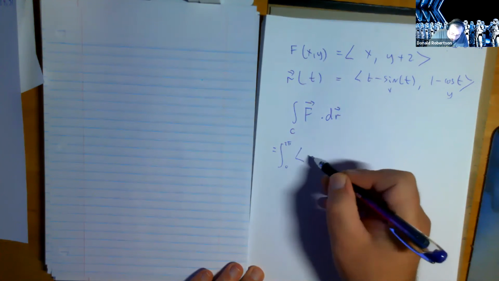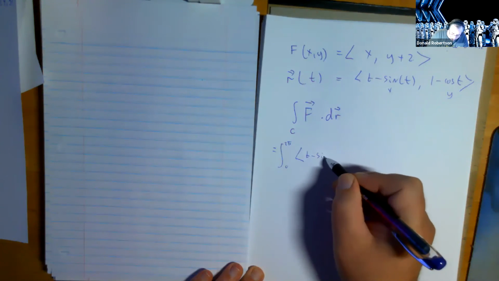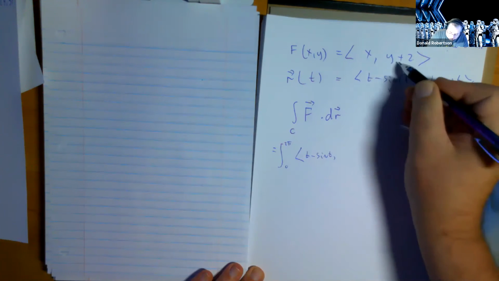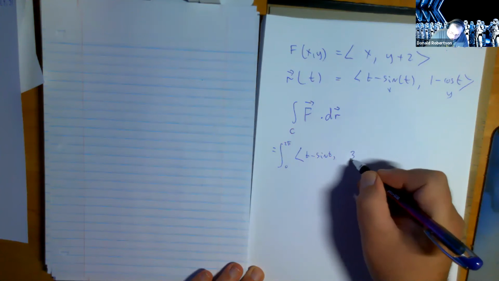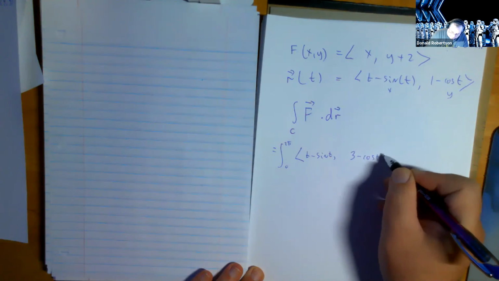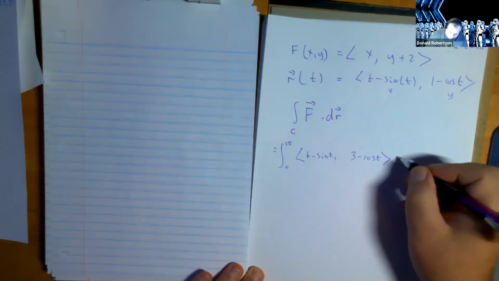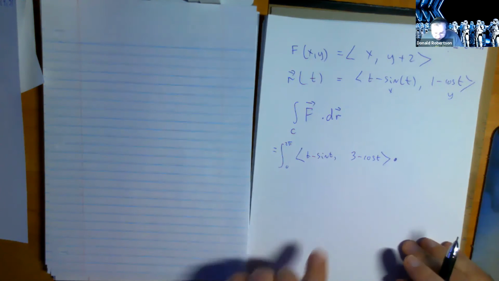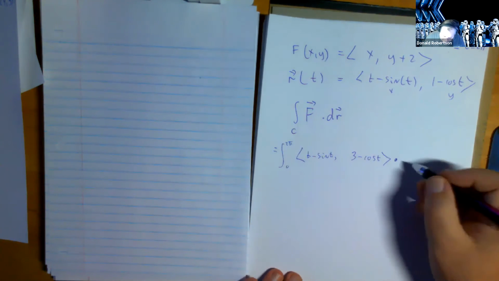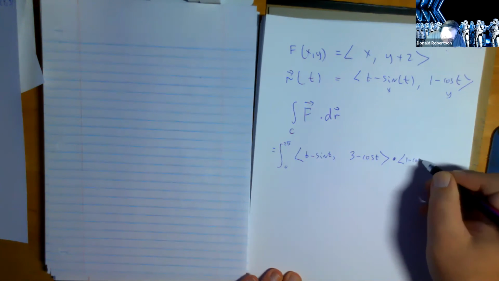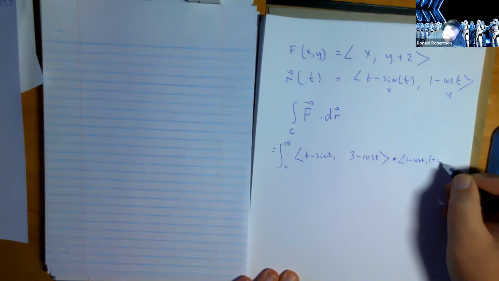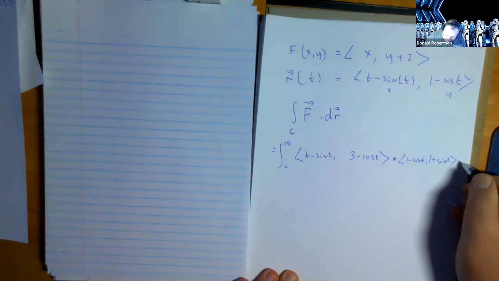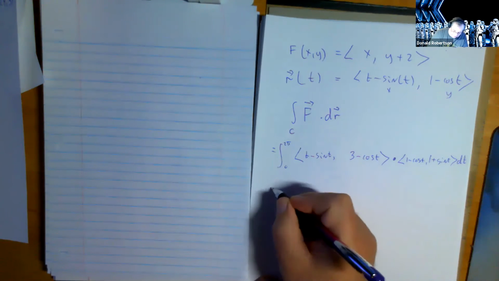This fella becomes t take away sine t. And this fella becomes that guy add 2, which is that fella. Dot product. The derivative of this guy is 1 take away cosine t, and the derivative of this guy is 1 plus sine t, dt.